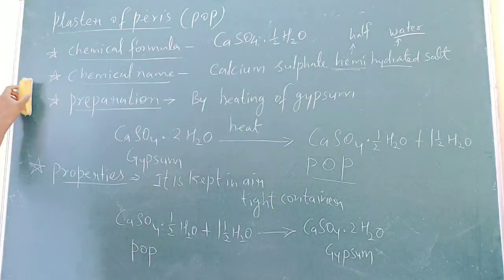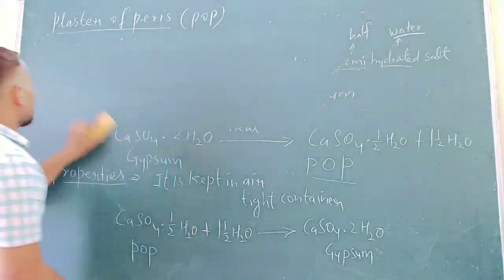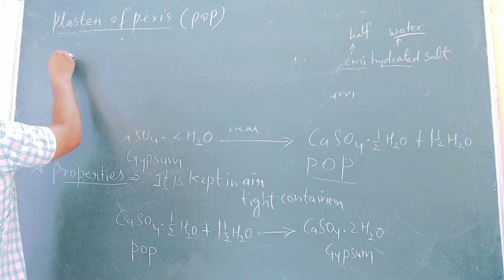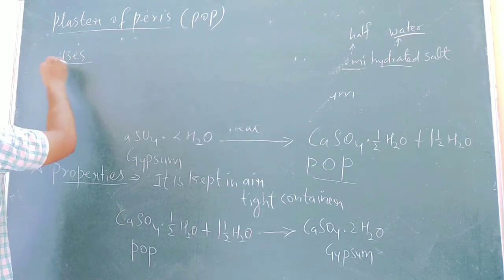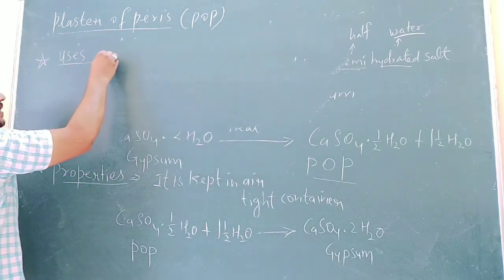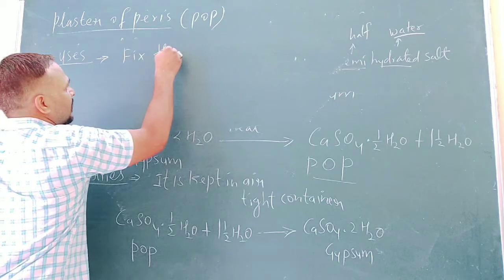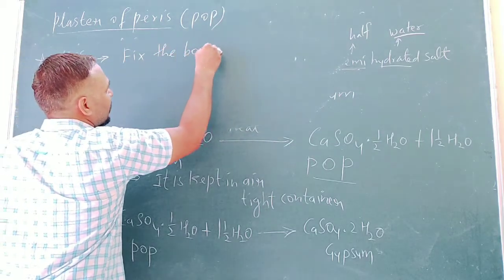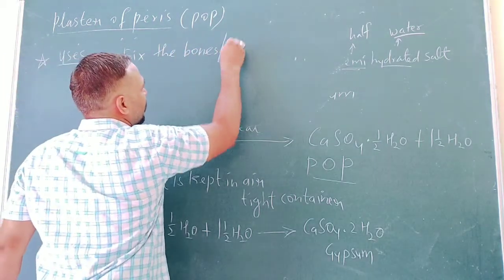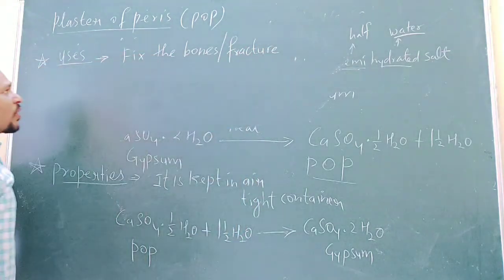Now, what are the uses of plaster of Paris? Number one, it is used to fix bones or fractures.